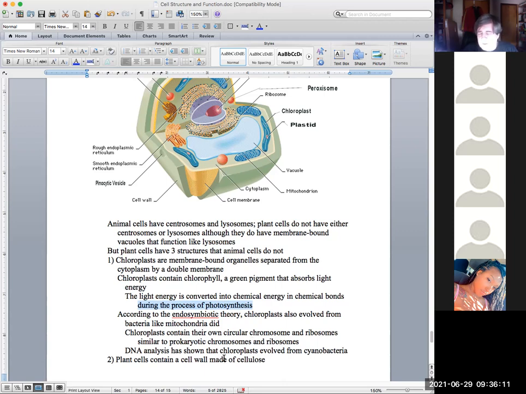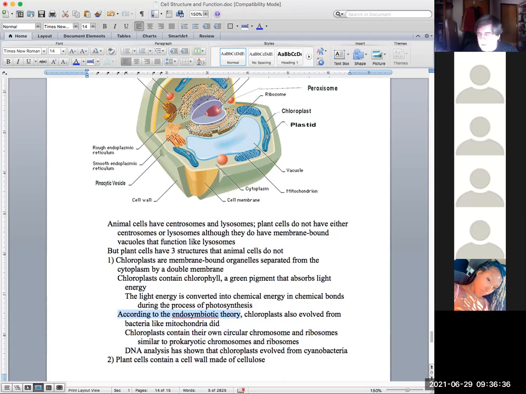Now notice, similar to mitochondria, chloroplasts have their own chromosomes, their own ribosomes, and so we think that chloroplasts evolved from certain prokaryotic cells, certain bacteria, just like mitochondria did. And this is what the endosymbiotic theory says.